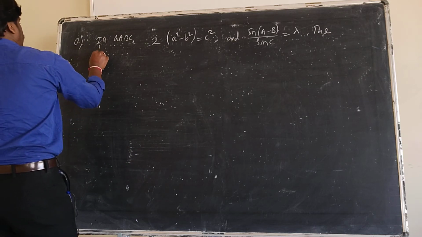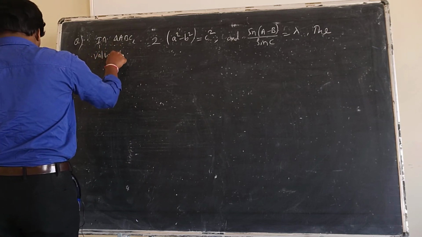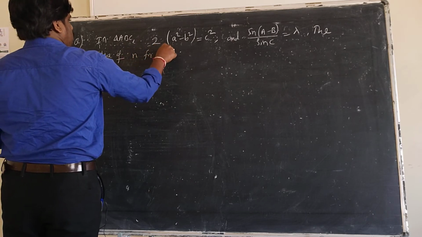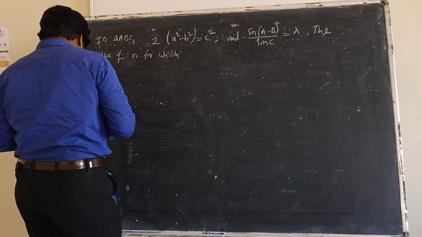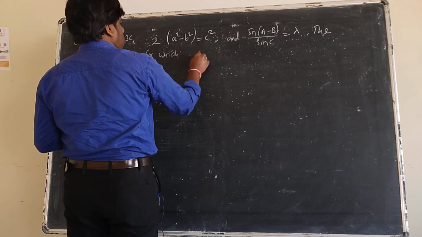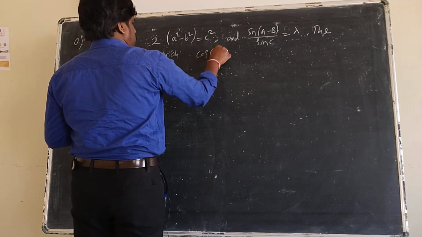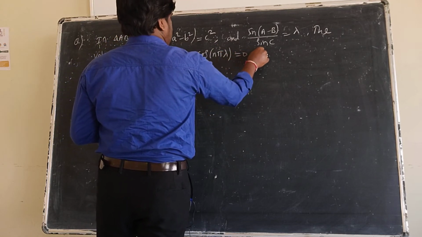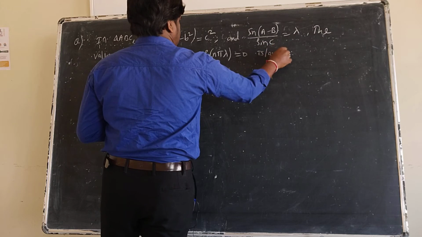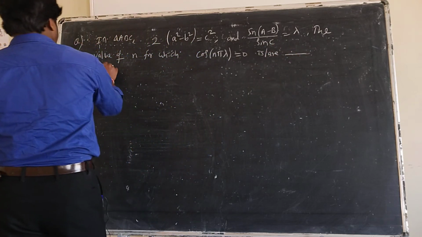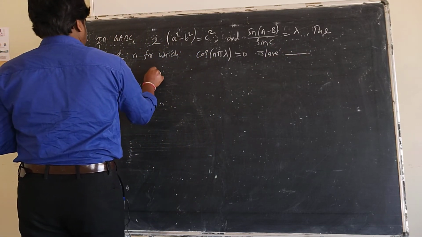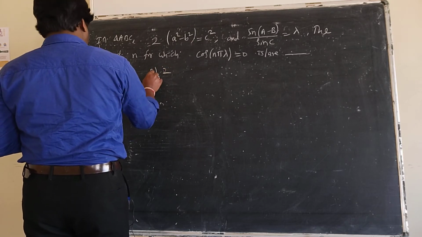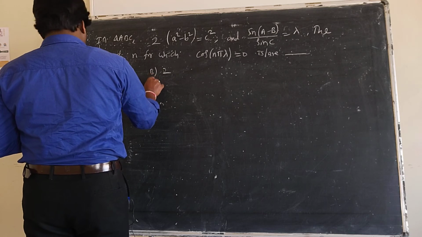The value of n for which cos of n pi lambda is equal to 0 is R dash. Option A 1, option B 2, option C 3, option D 4.